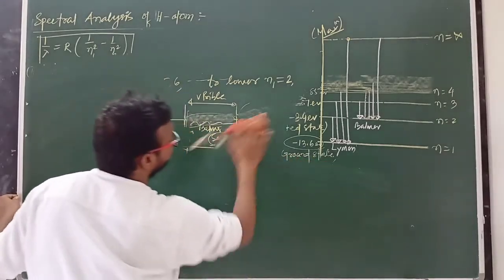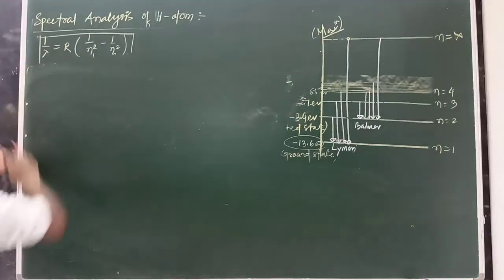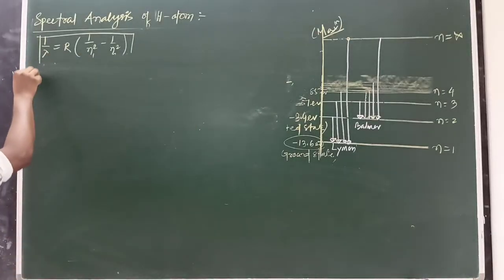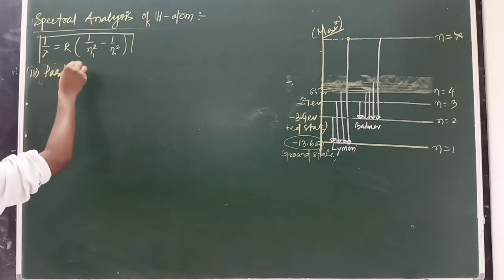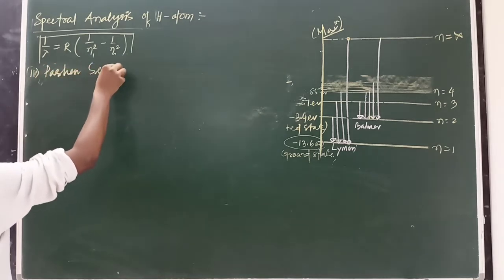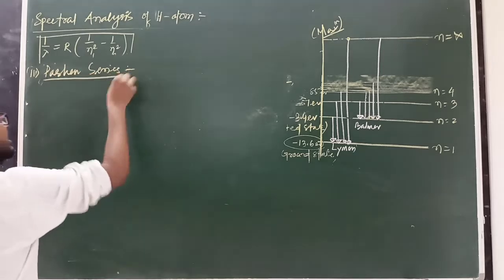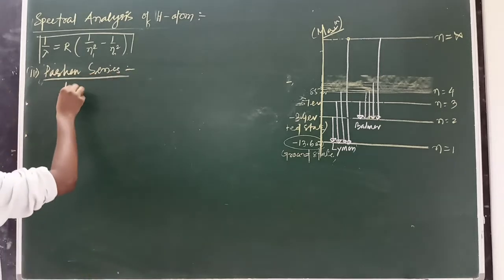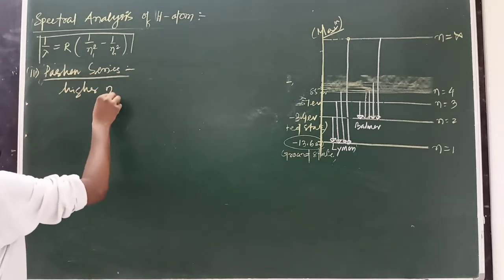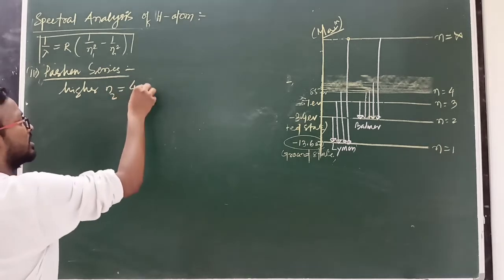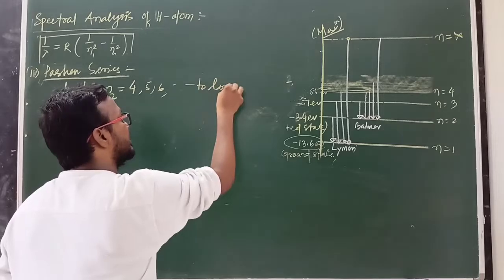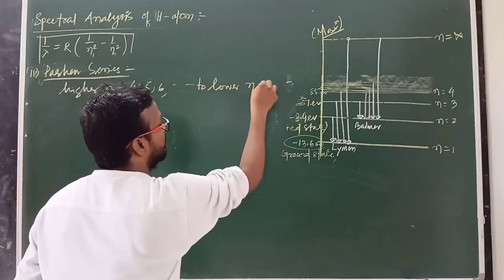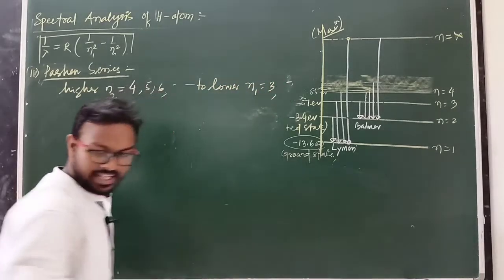Paschen series. Third series, Paschen series, and here the electron transition is from a higher energy orbit, N2 corresponding to 4, 5, 6 and so on, to a lower energy orbit, N1 equal to 3, means the third orbit.